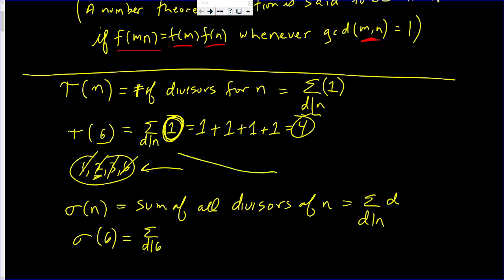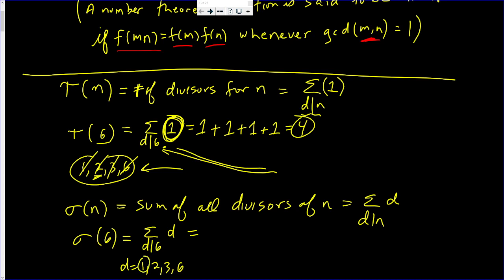Maybe up here, I should have said that n is 6. Here, we're going to add up the divisors of 6, where the function is d itself. So d can be 1, 2, 3, or 6.